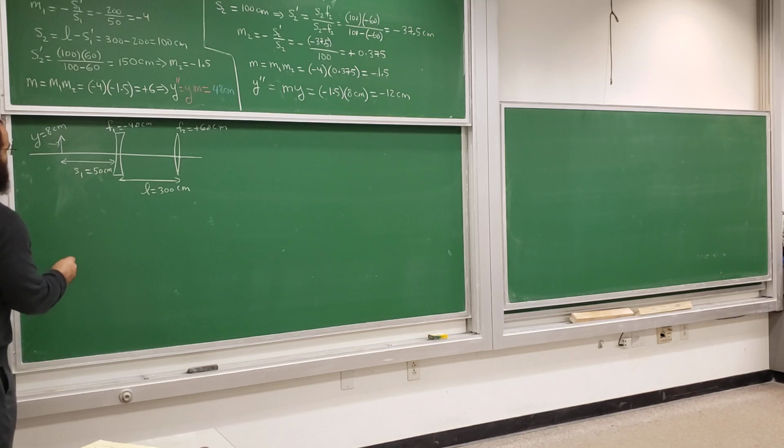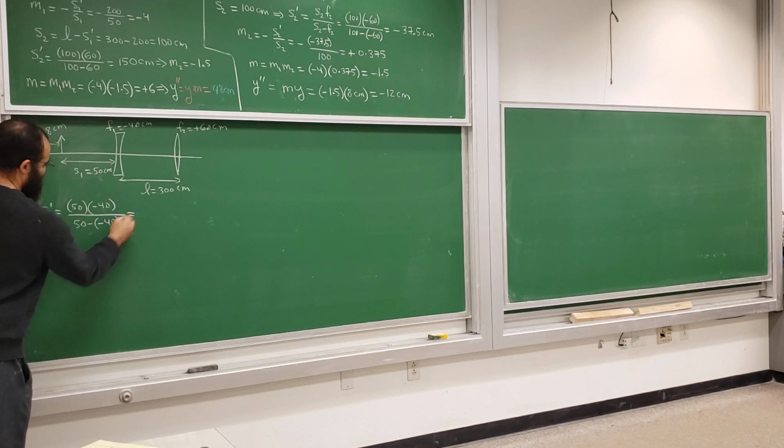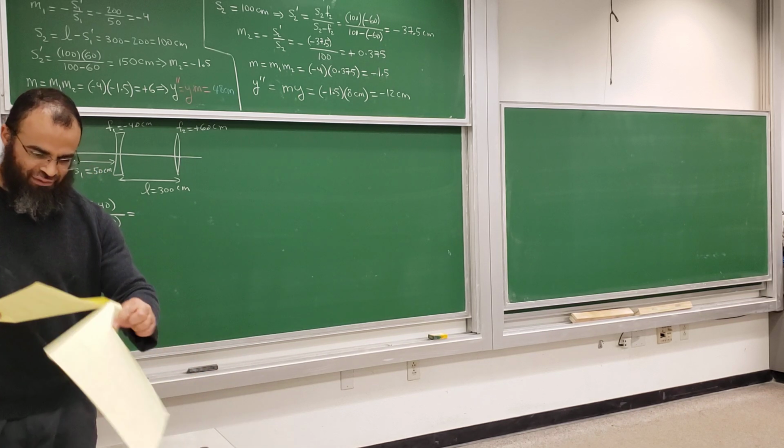So I get S1 prime, we would multiply, right? It would be S1 times F1, so 50 times F1, which is minus 40, divided by 50 minus 40, and we get this one. I believe I do have it.